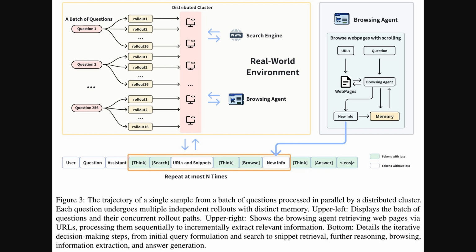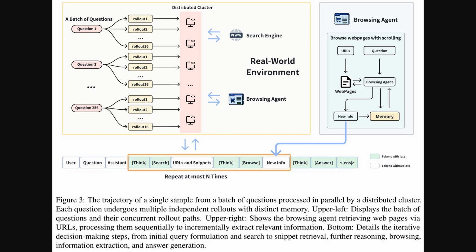Okay, so digging a bit deeper into how this all works. This figure gives us a look at the actual system architecture. We saw the reasoning traces before, right? Well, this shows how the system manages to do that. It takes a whole batch of questions, like 256 of them, and processes them in parallel using a distributed cluster. For each single question, it actually runs multiple independent attempts.